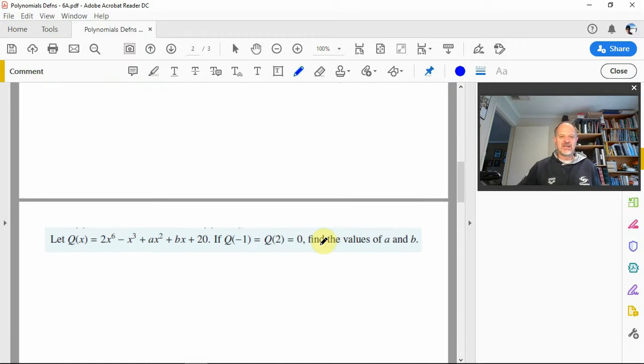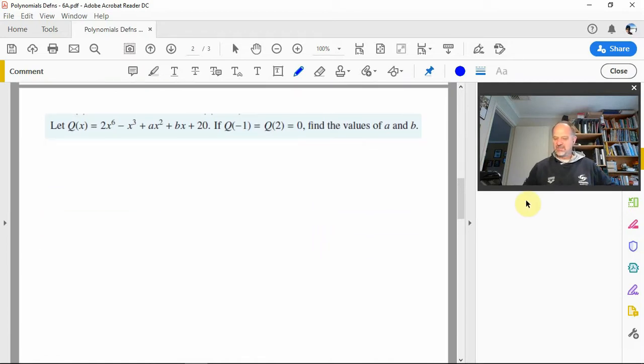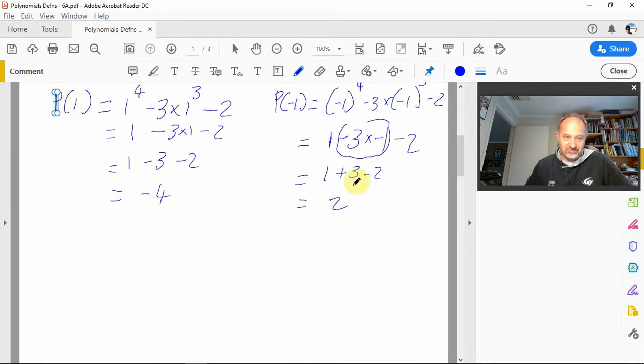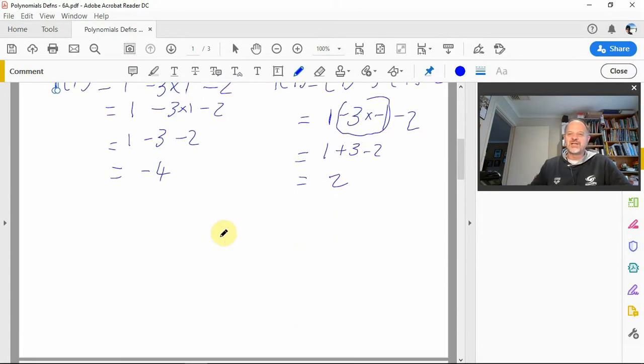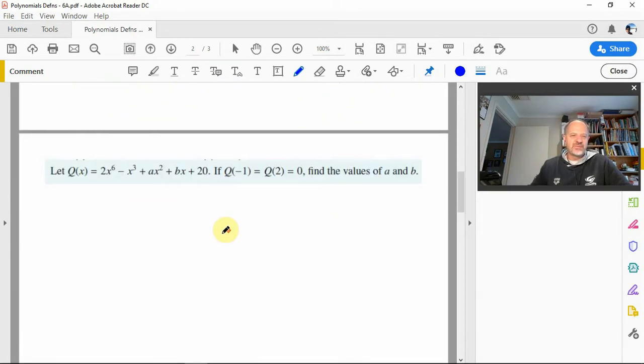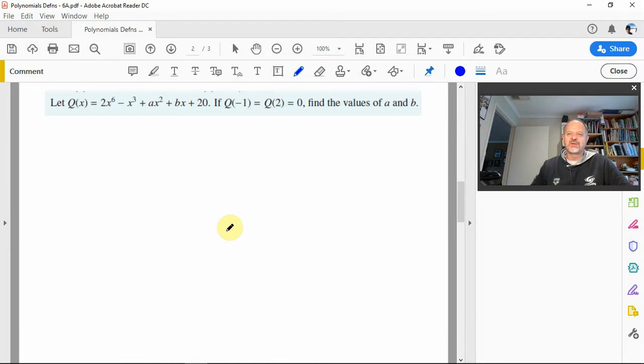So we've done this sort of stuff before, and this sort of stuff too. You may not remember Q. Why Q? Because it's different to P. No reason. Next year in Year 12 in particular, there might be a couple of polynomials in a question, so you've got to call them something different so that we don't get confused about which one's which.